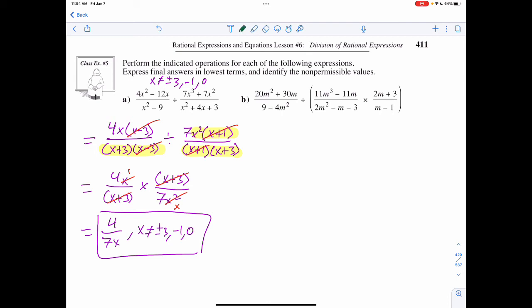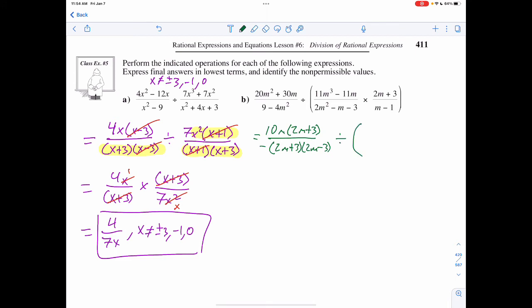So when I'm factoring this down, I'm going to divide the top by 10m and be left with 2m plus 3. On the bottom, I'm going to pull out the negative and be left with 4m squared minus 9, which is actually a difference of squares, 2m plus 3 and 2m minus 3.